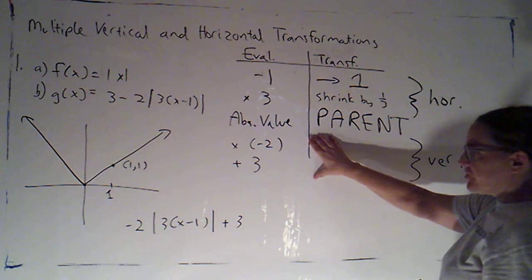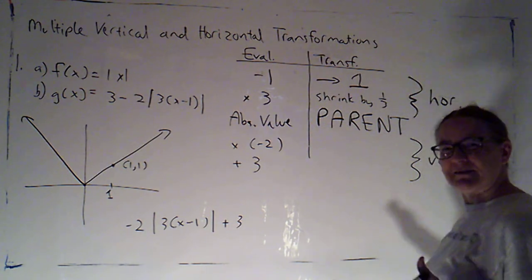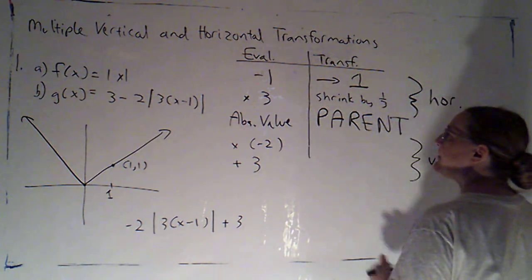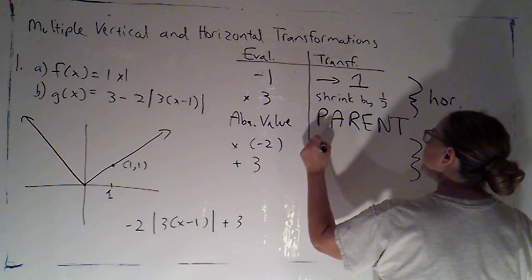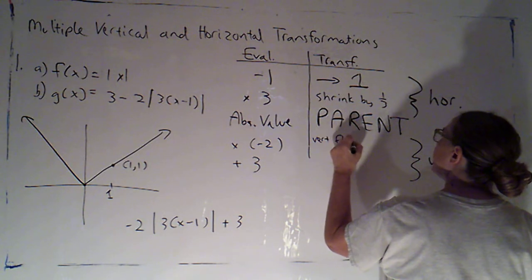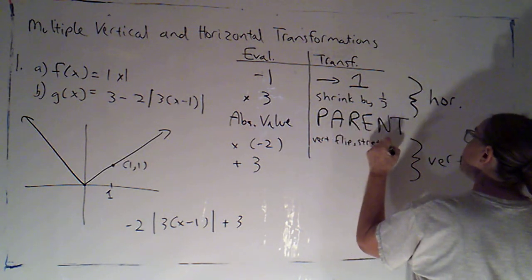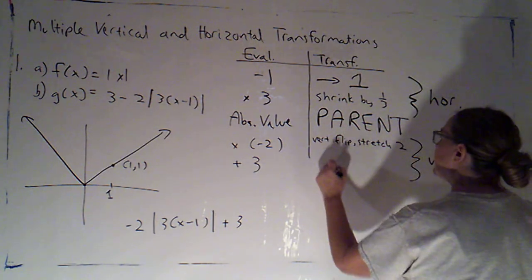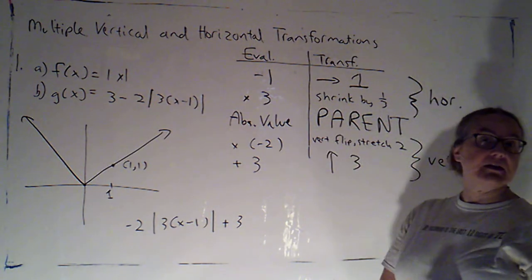For the vertical transformations, those are a little bit simpler because they do exactly what it looks like they should be doing. Multiplying by negative 2 is going to be a vertical flip and a stretch by a factor of 2. And adding 3 is going to move things 3 units up.